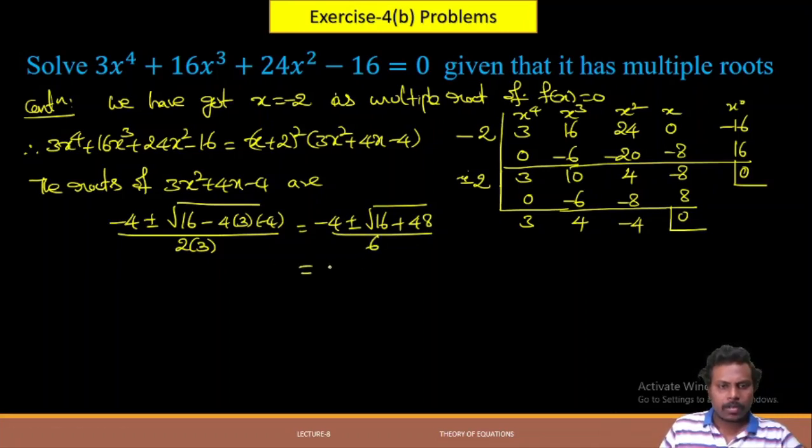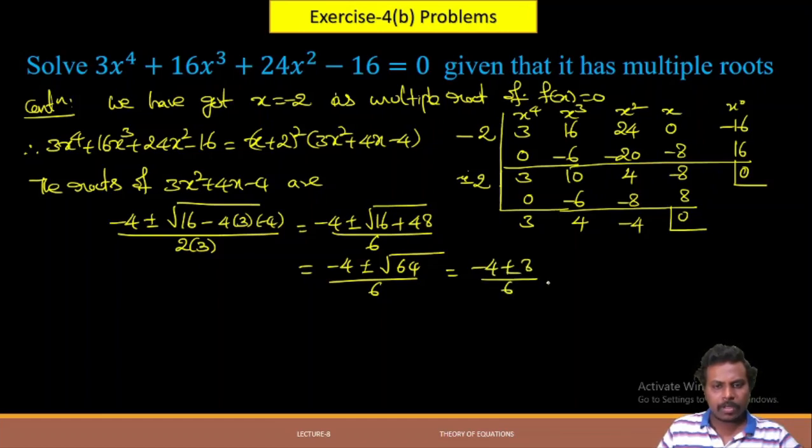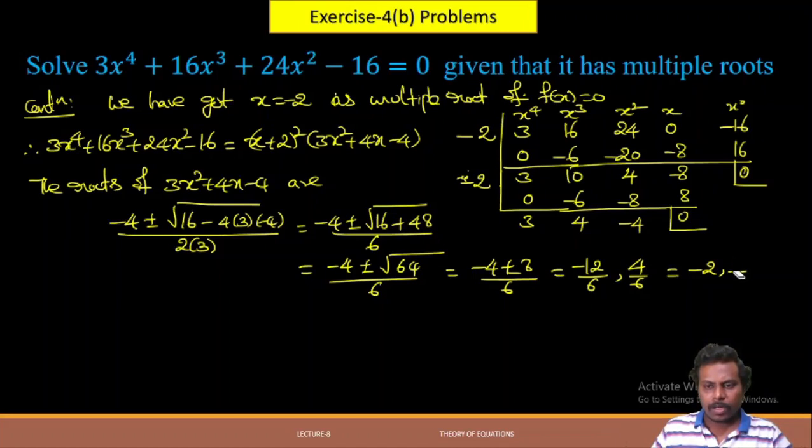So that is (-4 ± √64)/6, which is (-4 ± 8)/6. So -4 - 8 is -12 by 6, and -4 + 8 is 4 by 6, so that is equal to -2, 2/3.